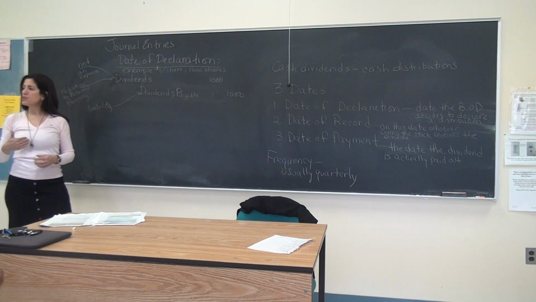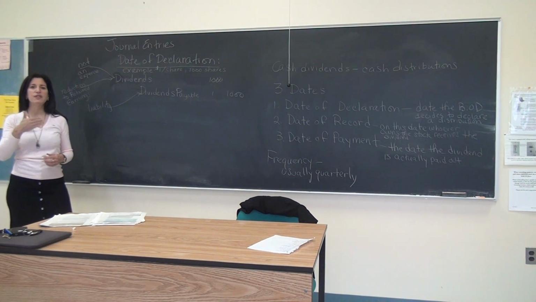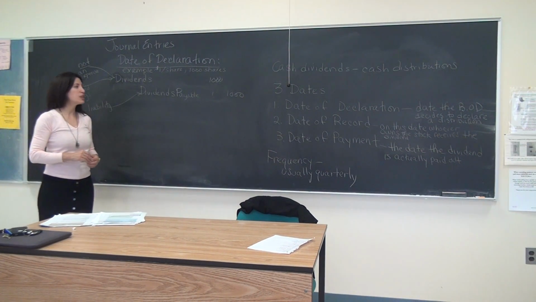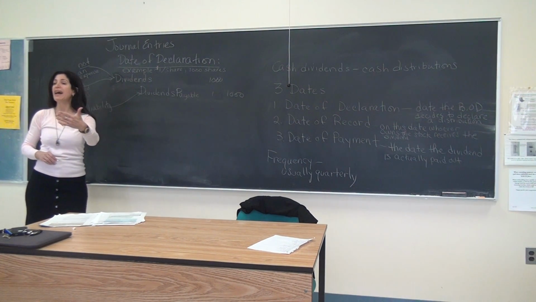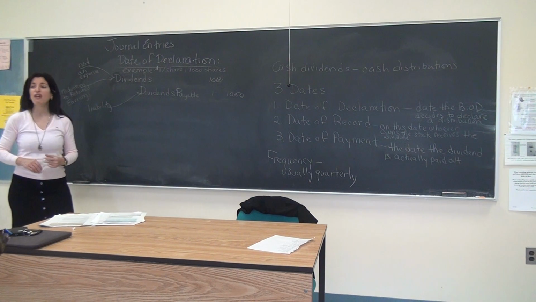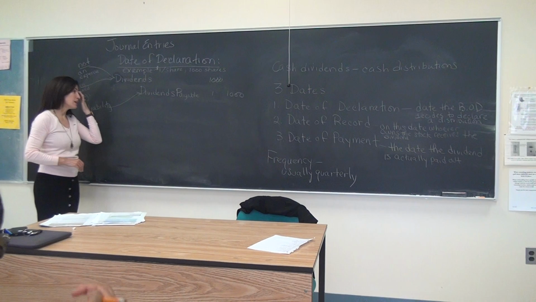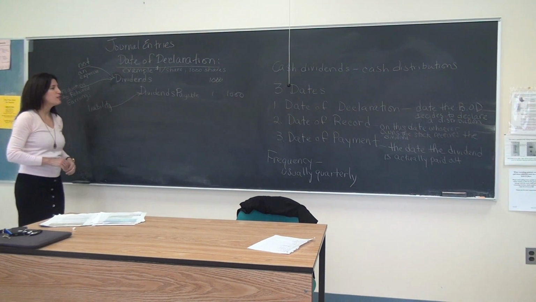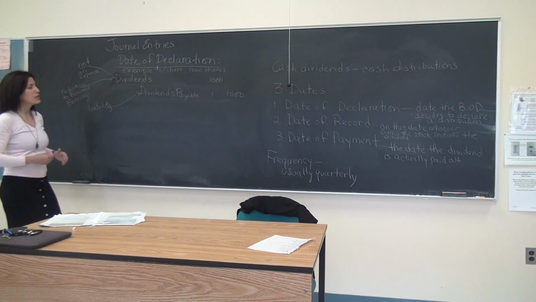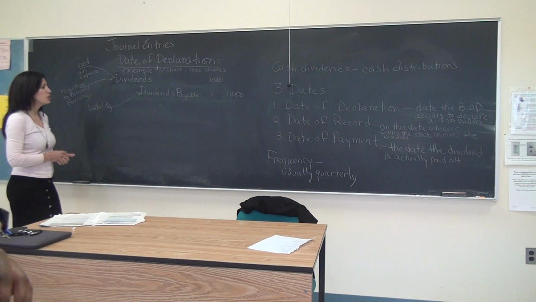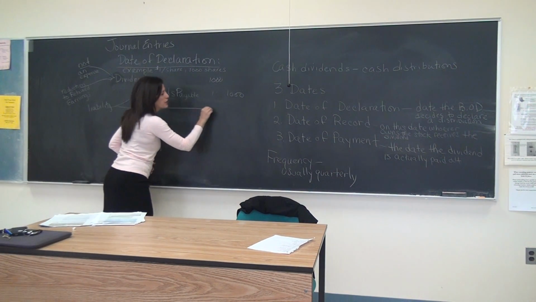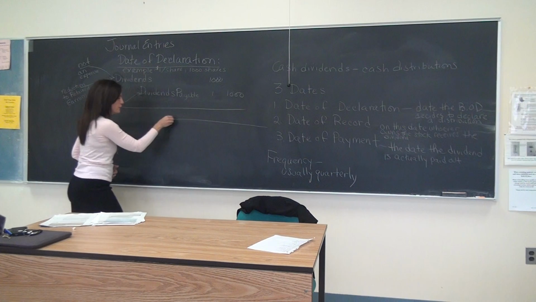Most stockholders believe that if a dividend is stopped, the portent of what's to come is that the firm is doing badly in its earnings, that it doesn't have enough money to give out a dividend. So that's why we consider dividends sticky. This dividend has been established on the date of declaration with this journal entry. Now, let's go to the next date, the date of record.